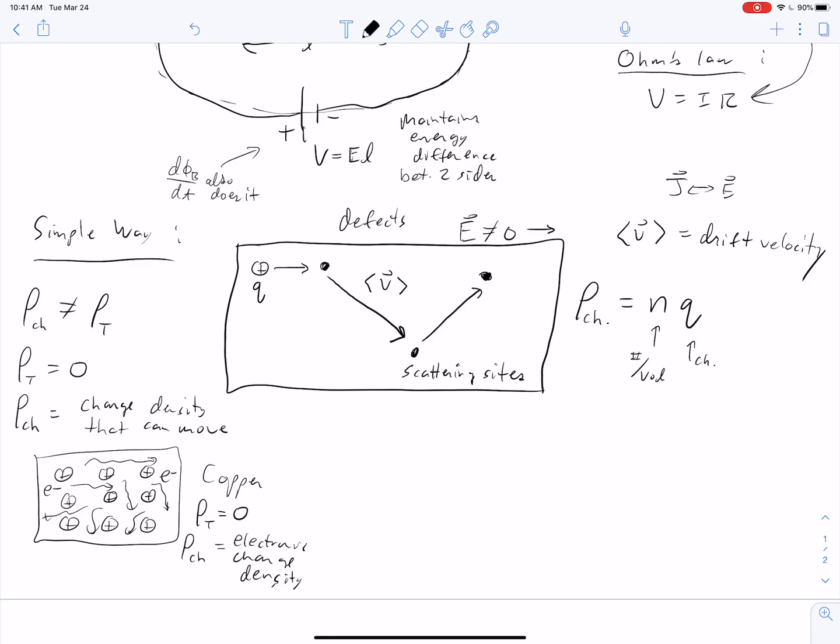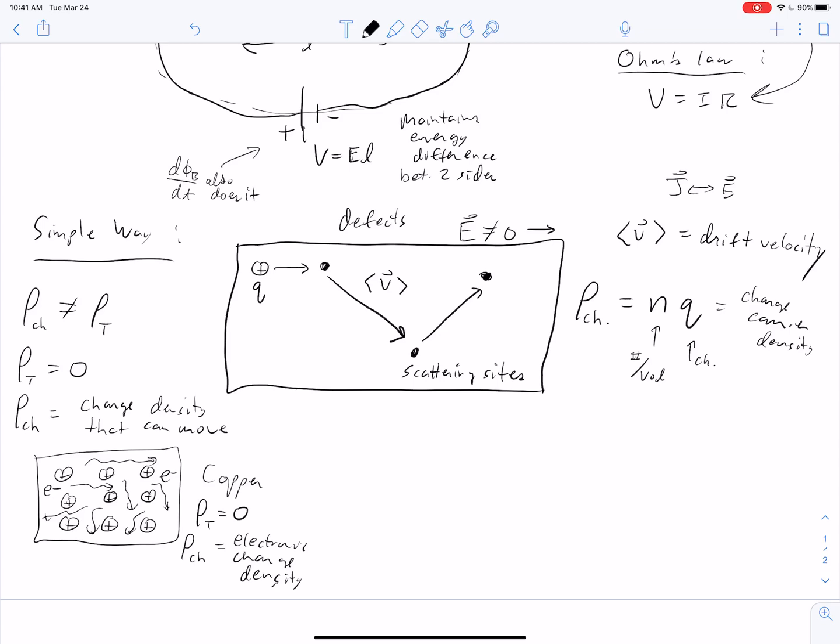Okay, so let's continue our discussion. Now we understand this concept of charge carrier density.